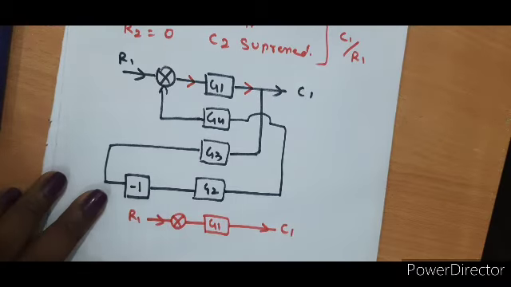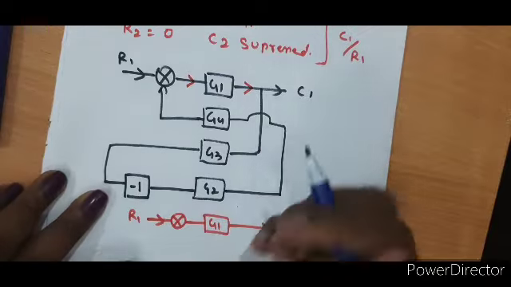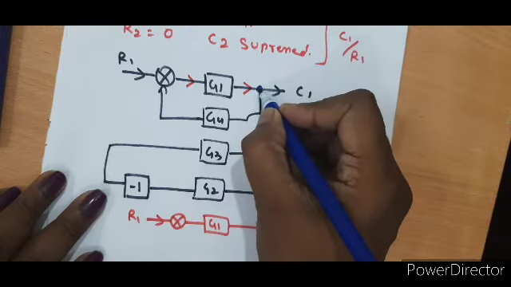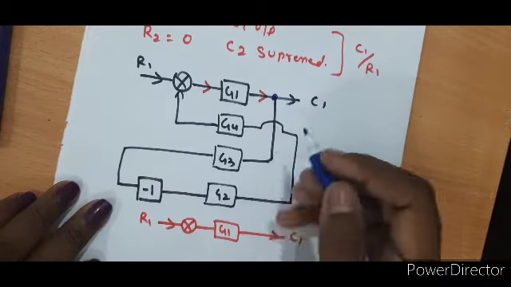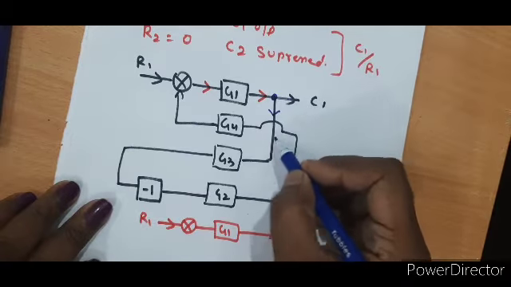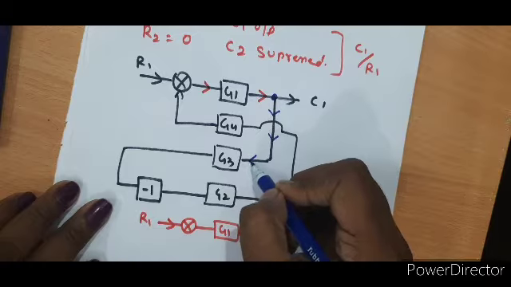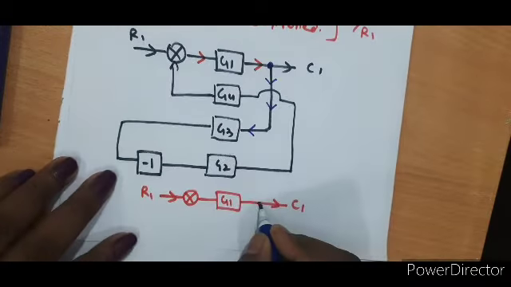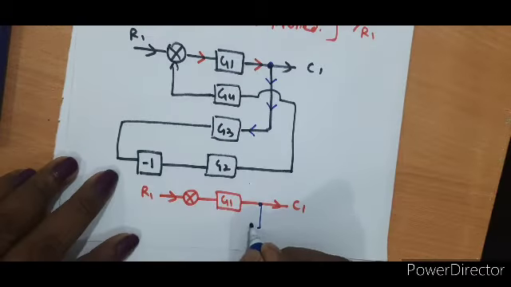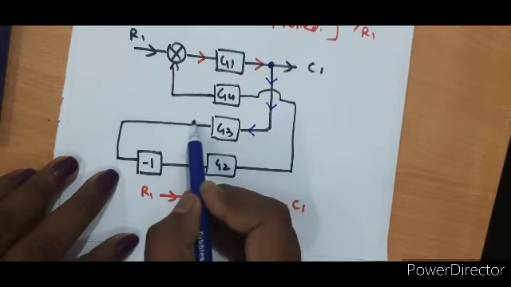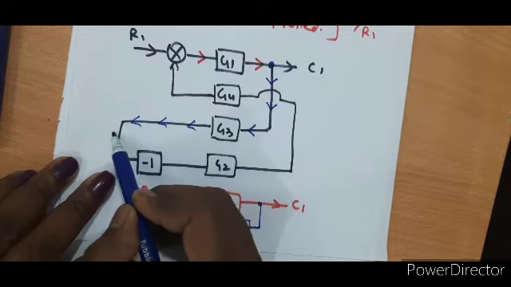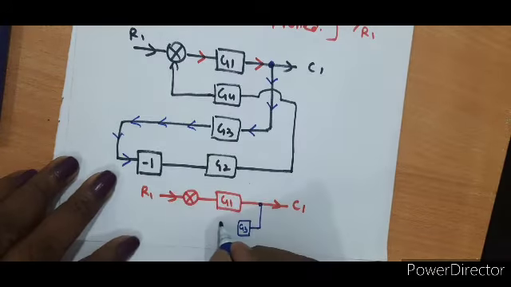Next, track the feedback loop. From this point, we are going to find the track. One output is coming like this and passing through G3. So the first block it crosses is G3. Next, after passing G3 it takes the path and you get another block of minus 1.